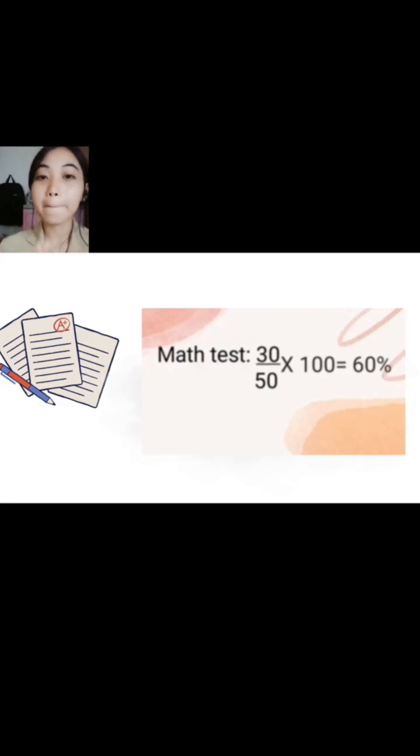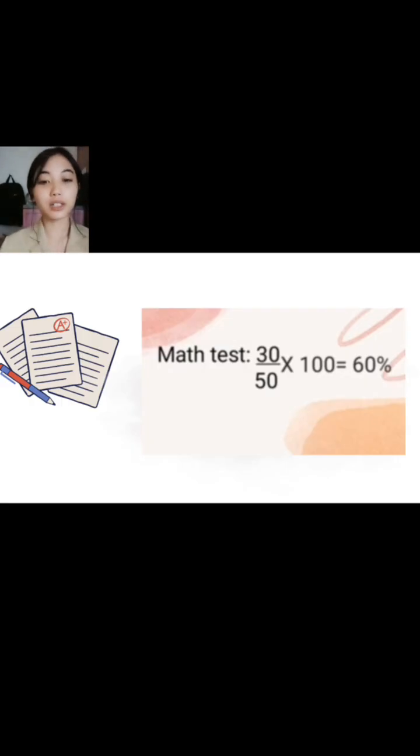Multiply it by 100, and the percentage score is 60%. As a result, the student was able to answer 60% of the items.